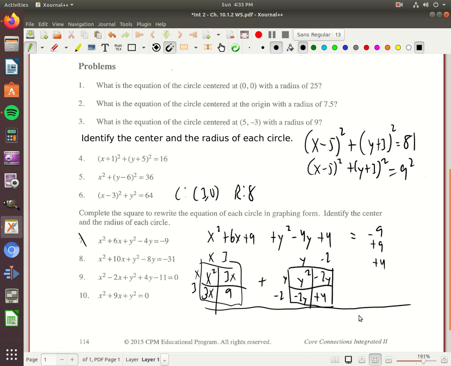When I rewrite this whole thing, I'm going to have (x + 3) squared plus (y - 2) squared, and that's going to equal 4. It asks me to identify the center. Well, the center of this circle would obviously be (-3, 2). And the radius would be the square root of 4, which is 2.